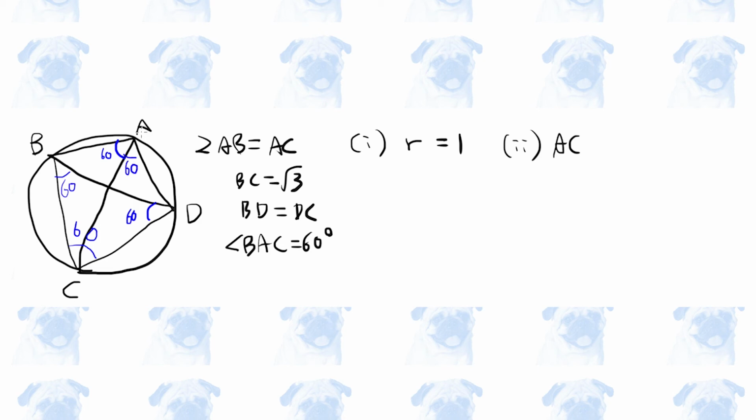This means that AC is the angle bisector of the angle BAD. This also means that the angle here is 90 degrees, which also implies that AC is the angle bisector of BCD. AC is the diameter of the circle. So AC is 2r, 2 times 1, so the length of AC is 2.